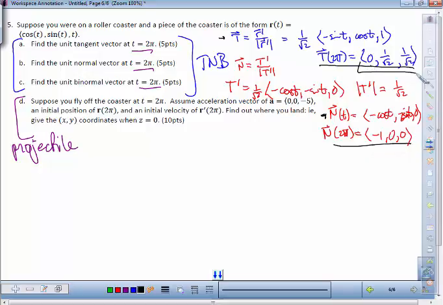These vectors are nice numbers already, so that should be hopefully pretty easy to cross. And I'm not going to find b of t, I'm just going to go directly to b of 2 pi, where the t vector comes first, by the way. Okay, so you can figure that out.